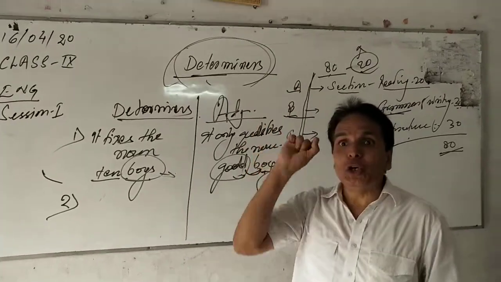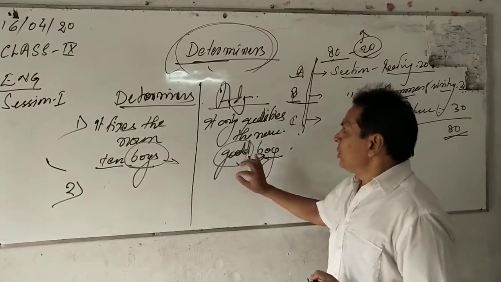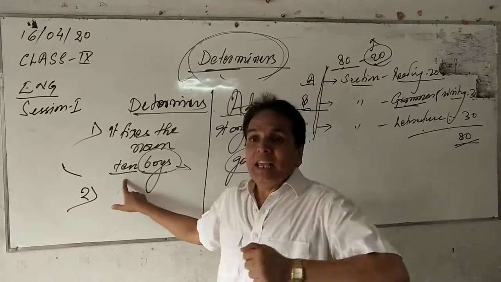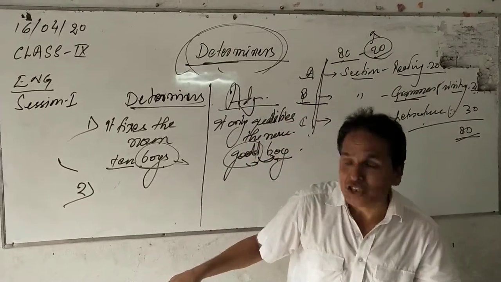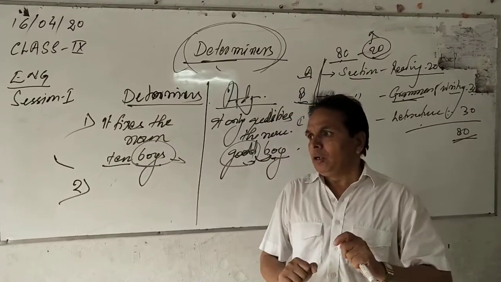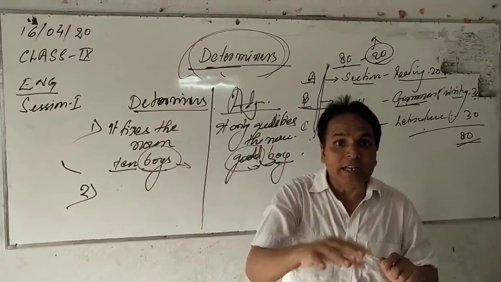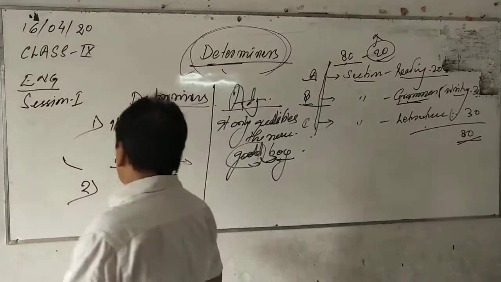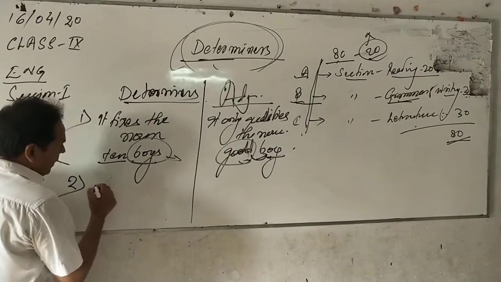An adjective follows the rule of degree, such as good, better, best. But we cannot say ten, tener or tenest. So the part of adjective that does not follow the degree is termed as determiner.